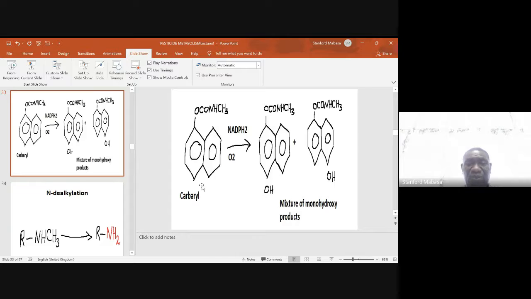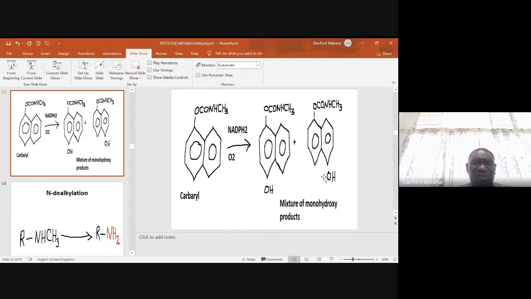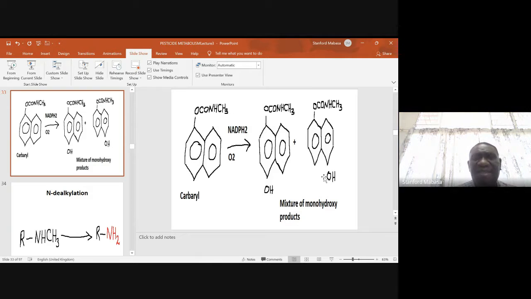There are 2 possible positions where we can insert the hydroxyl group. Once we have done that, then carbaryl becomes less toxic. Those are the examples of hydroxylation: addition of the hydroxyl group to either an insecticide or herbicide to deactivate the molecule.